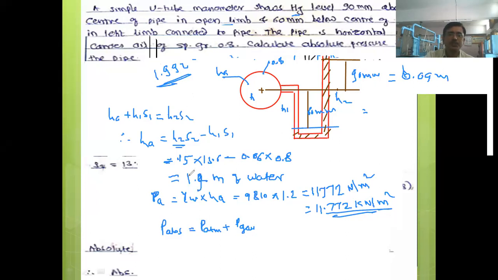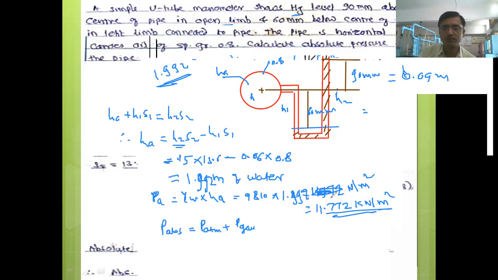Instead of taking directly 2, I have taken 1.2. Sorry, I made a mistake there from my side. So this value might be wrong. Take the exact value, 1.992, to get the exact answer. Have a habit of taking more accurate or exact values.